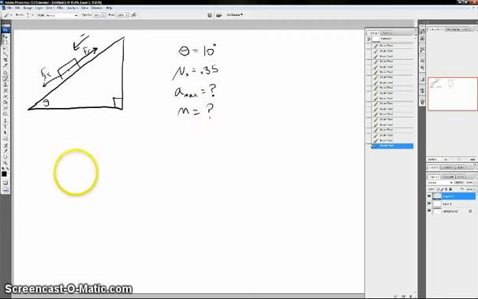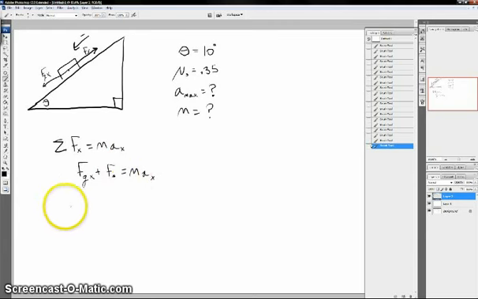If we look in the x direction, we know that the net force in the x direction will be equal to the mass times the acceleration in the x direction. The forces that are acting here are the force of gravity in the x direction and the force of static friction in the x direction, and that's equal to mass times the acceleration in the x direction.